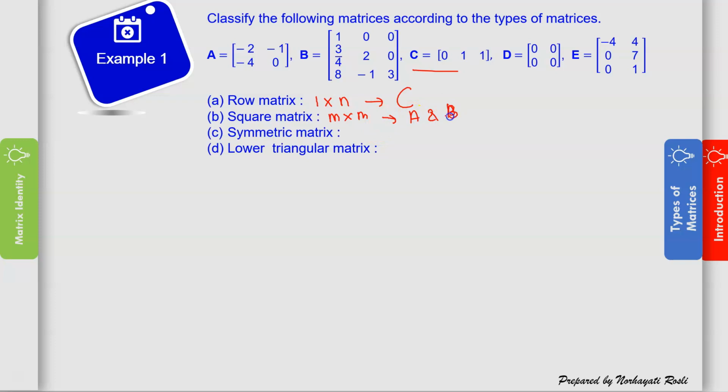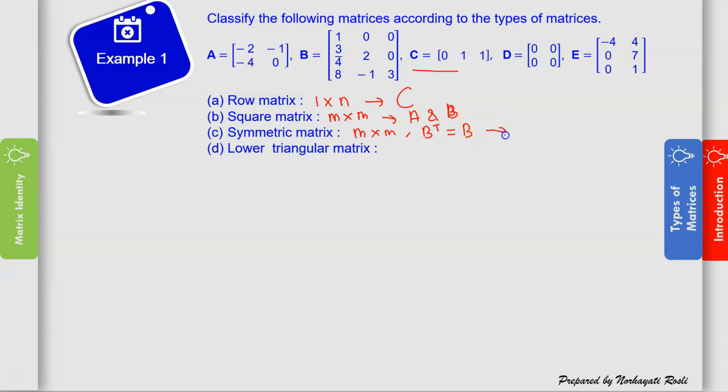And then a symmetric matrix should have m times m, equal for row and column. And then when we transpose that matrix, for example, B transpose, it is equal to its original matrix.